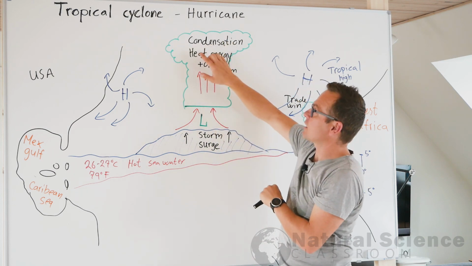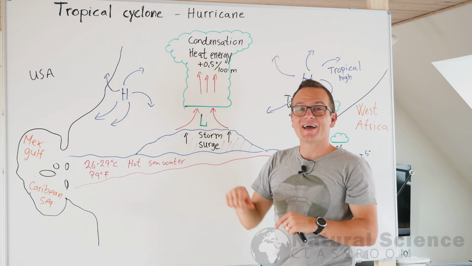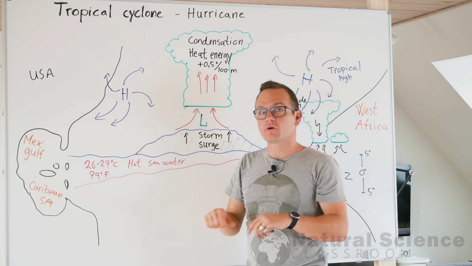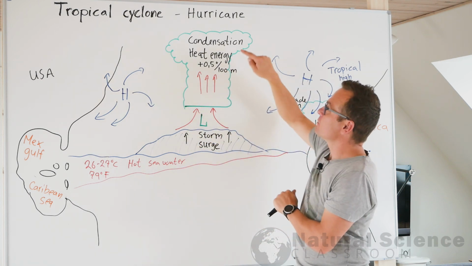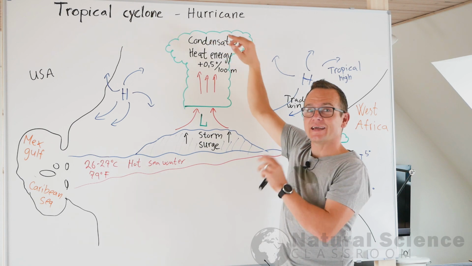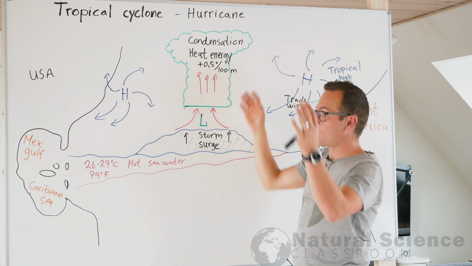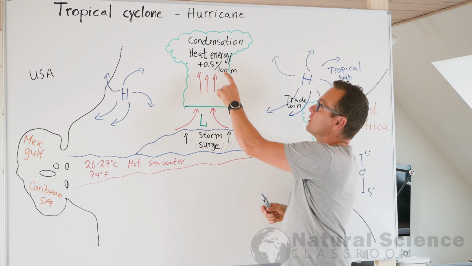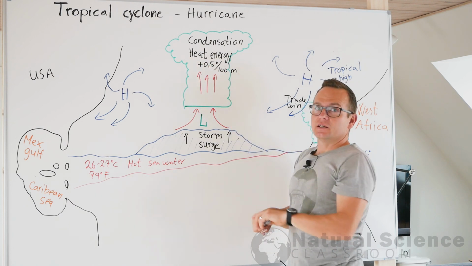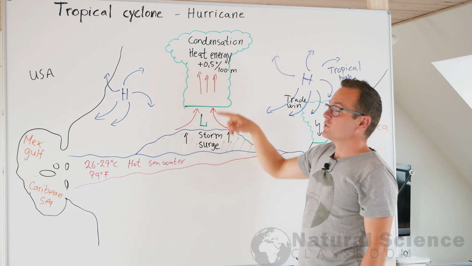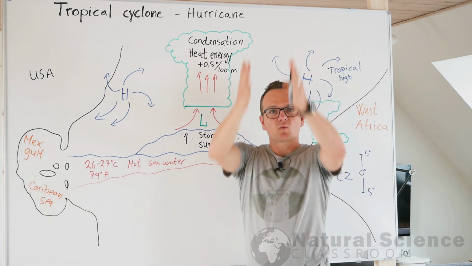And inside the cloud there's a condensation process going on. This process is really important in understanding this weather system, because this is where it gets its energy from, and this is why it's accelerating. It releases energy, warming the air by 0.5 degrees Celsius every time the air rises 100 meters.